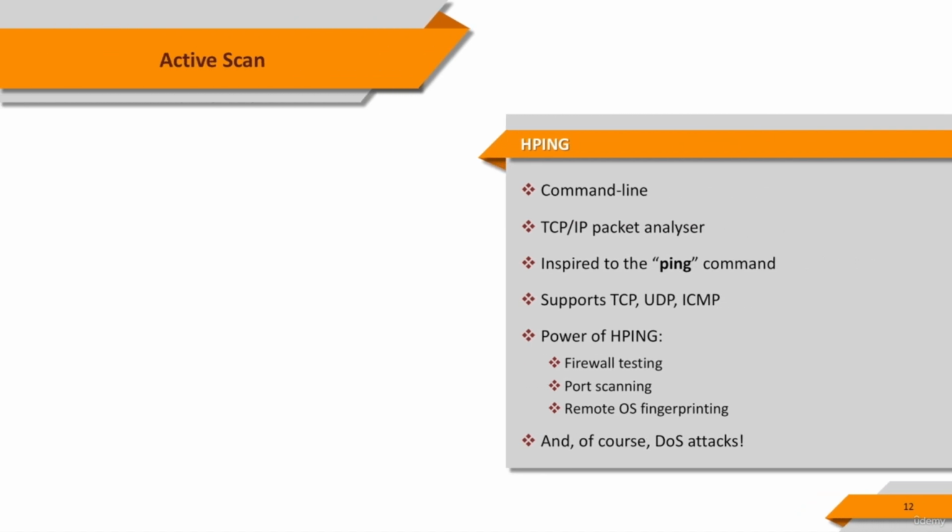HPing is an excellent command line-oriented TCP/IP packet assembler/analyzer. The interface is inspired by the ping(8) Unix command, but HPing isn't only able to send ICMP echo requests. It supports TCP, UDP, ICMP, and raw IP protocols, has a traceroute mode, the ability to send files between a covert channel, and many other features.